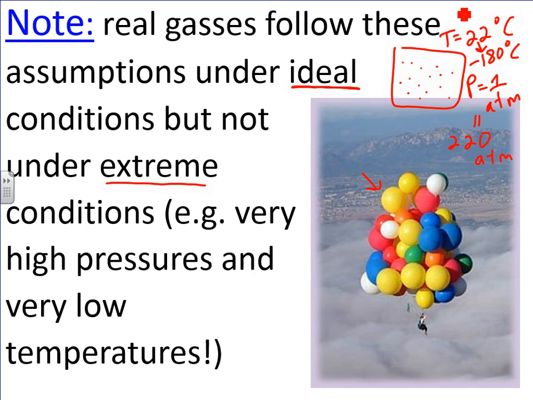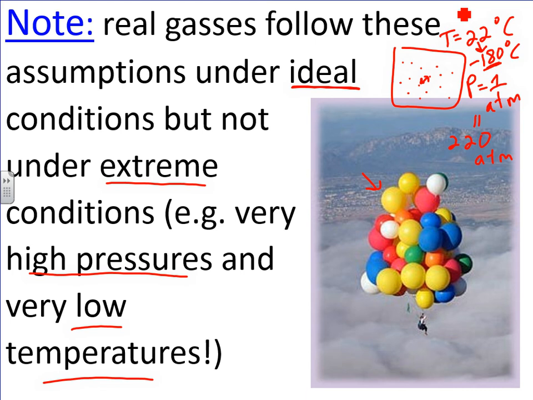At these conditions, for example, gas particles do have attractions for each other. The temperature is so low that their movement no longer overcomes their attraction, so it has an effect. And they're so close together that you can't really ignore the volume. There are so many particles essentially that you can't ignore the volume. And that's the idea. So usually under very high pressures and very low temperatures, these assumptions break down.